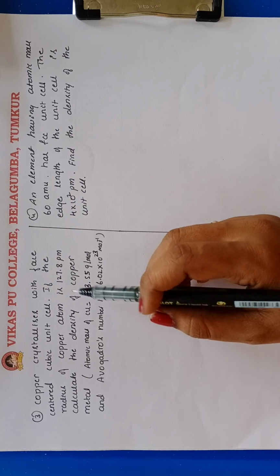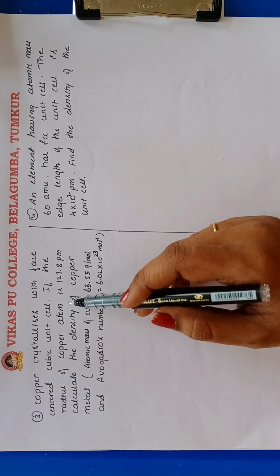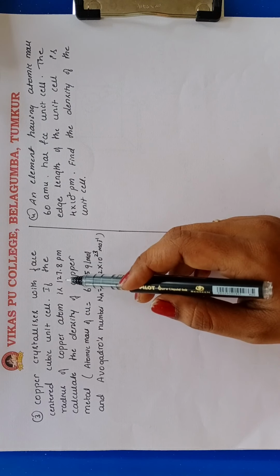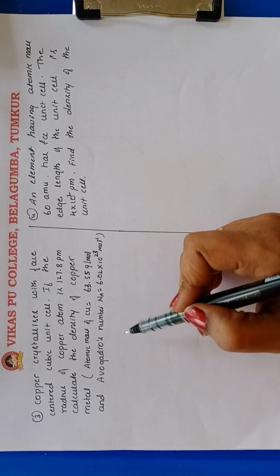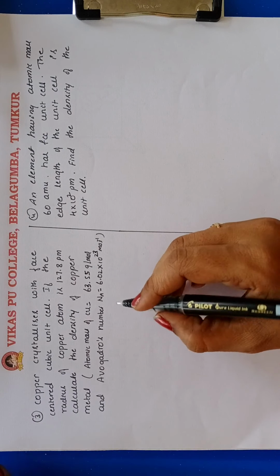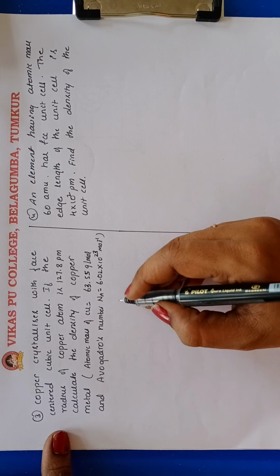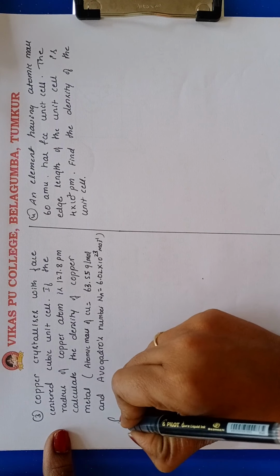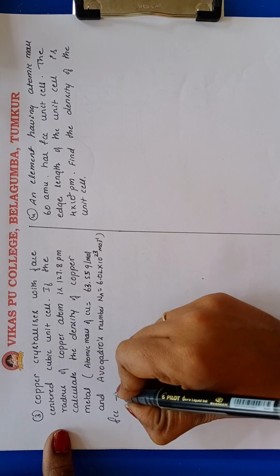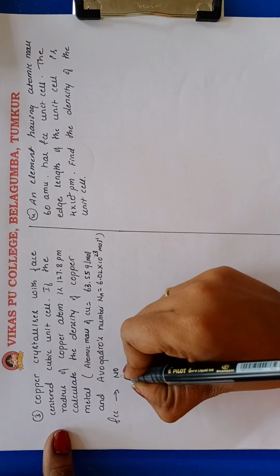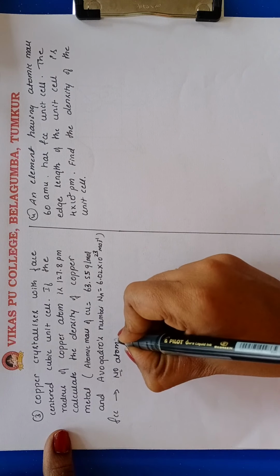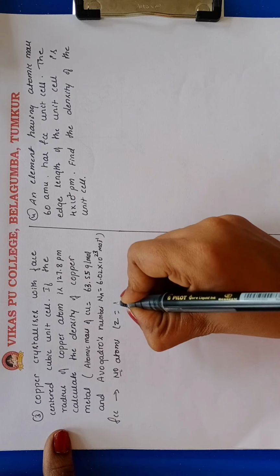Instead of giving the edge length, they have given the radius, so first we should find the edge length. For FCC, the number of atoms Z is equal to 4.